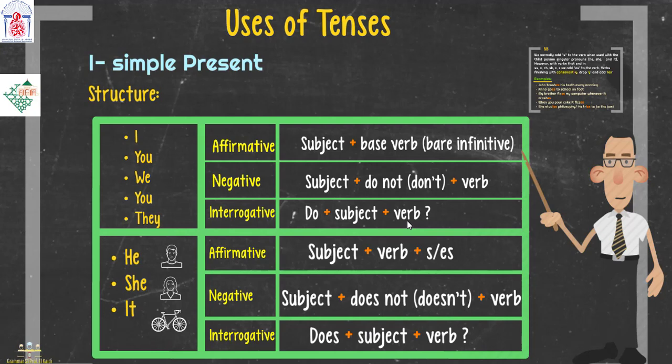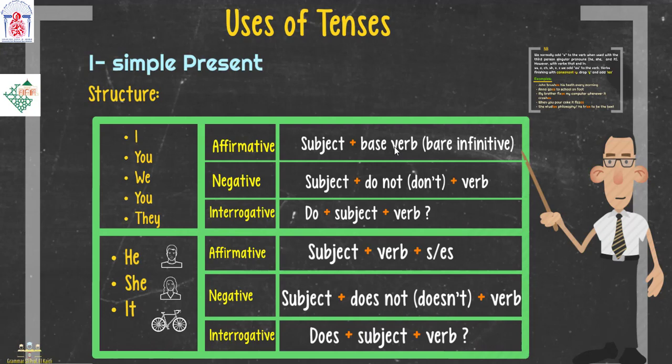Now, as you know, when we conjugate a verb, we can use it in three forms: the affirmative form, the negative form, and the question form, or what we call the interrogative form. Now what is the structure of the simple present tense in the affirmative form? It's like this: we have the subject, of course, plus the base verb. What is the base verb? We call it the base verb or bare infinitive. It is the infinitive without to.